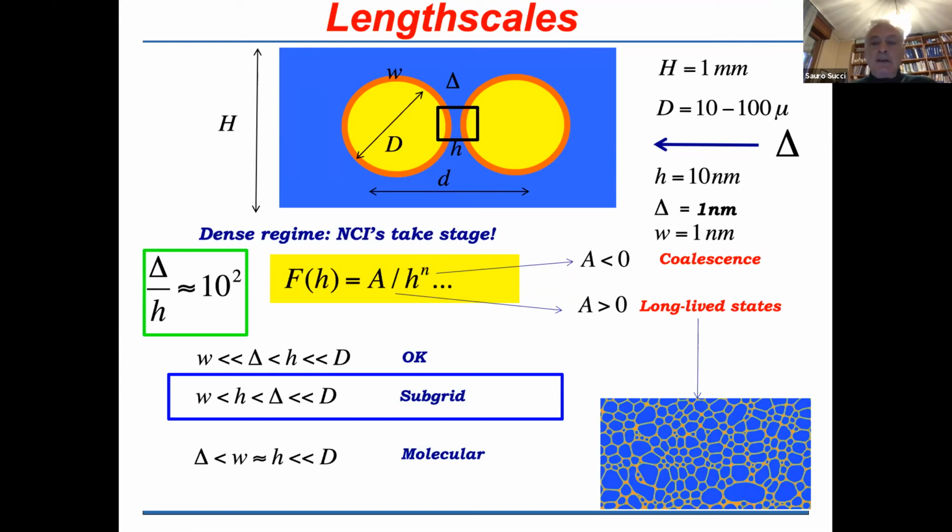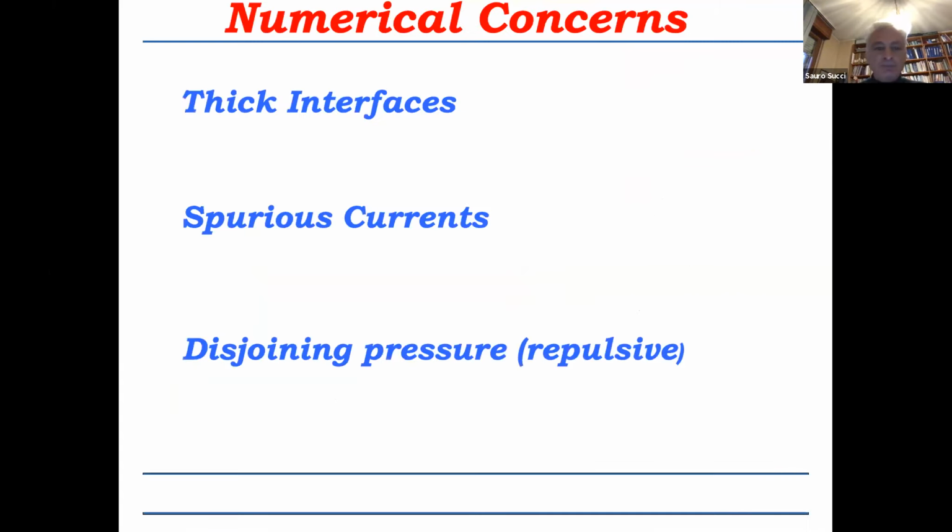So again, in order to have a full direct numerical simulation of this phenomenon and of the rheology of the materials we intend to design, I should resolve 6 orders of magnitude, and we cannot do that in 3D. So what do we do?